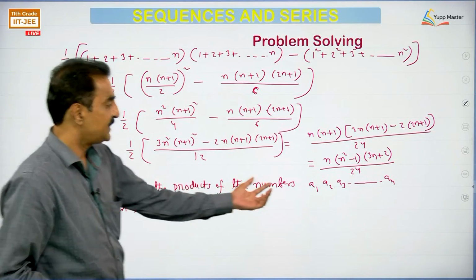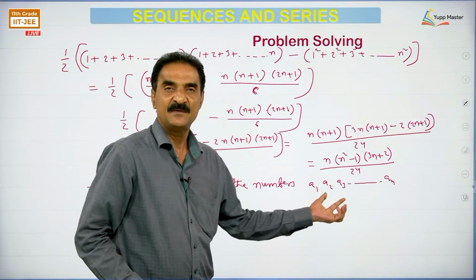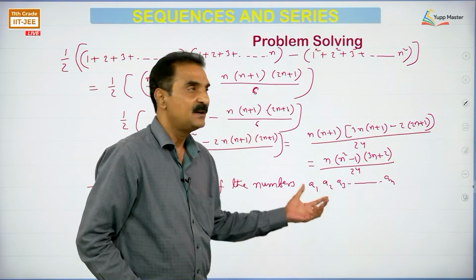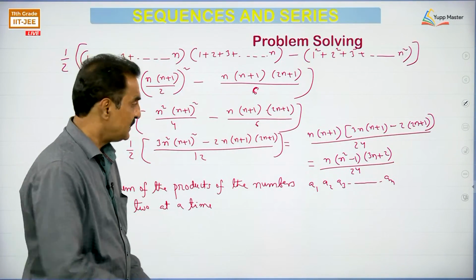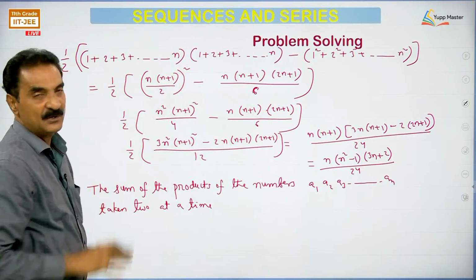So we will take a1, a2 once, a1, a3 once, a2, a5 once. In this way, we have to calculate the products and add. Then we have to follow the same working rule.